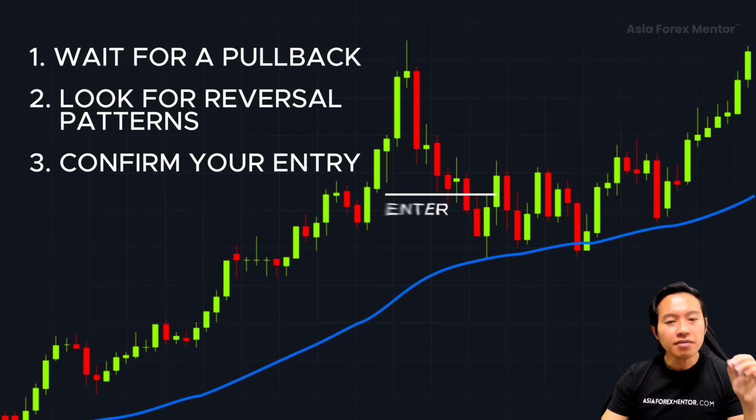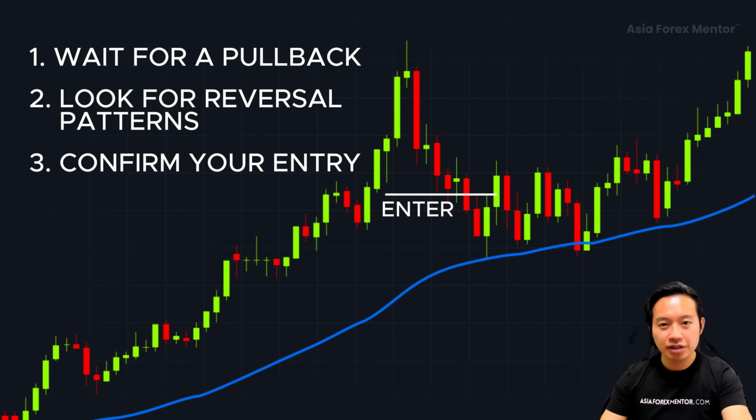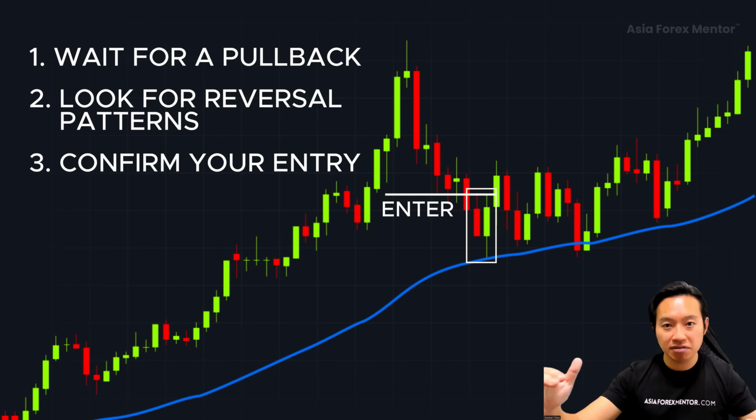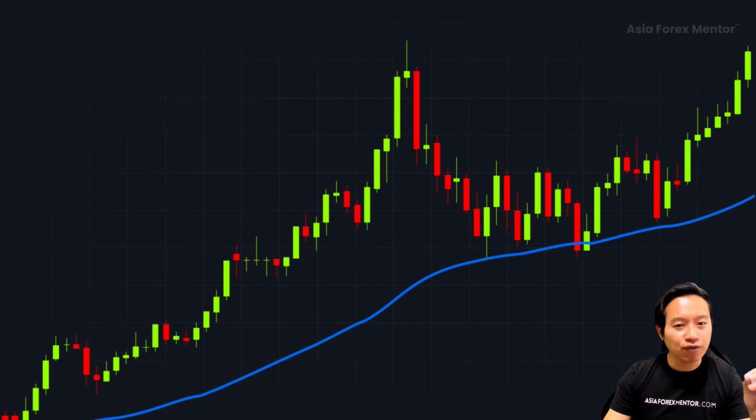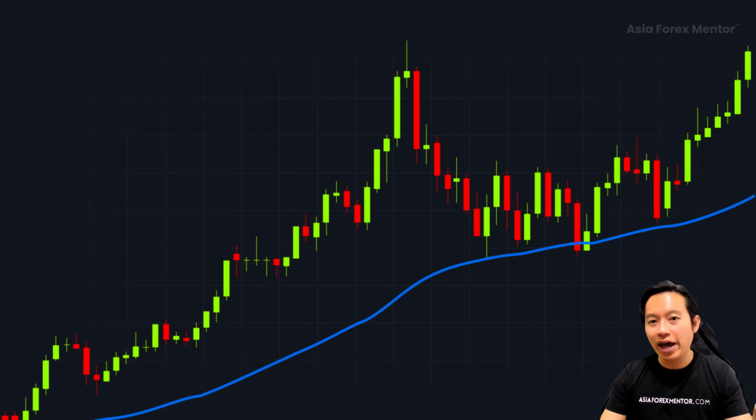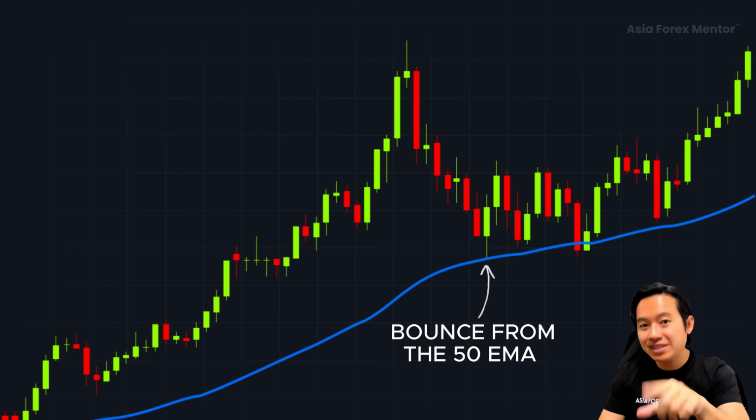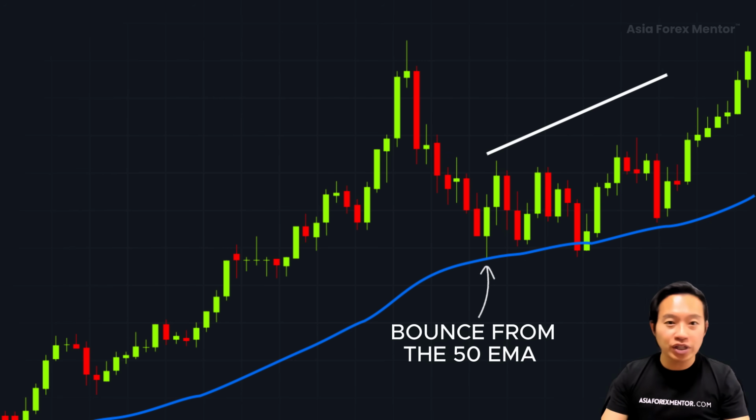Number three, confirm your entry. In this example, a bullish engulfing pattern indicates a potential buying opportunity at the right level. Therefore, following my friend's strategy is where you enter a buy trade when this pattern confirms a bounce from the 50 EMA, signaling a continuation of the uptrend.